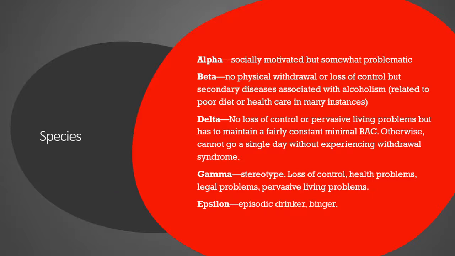In many cases, you'll find beta alcoholism among people who live in poverty, who don't eat well, who live in a food desert, on the reservation, places like that.